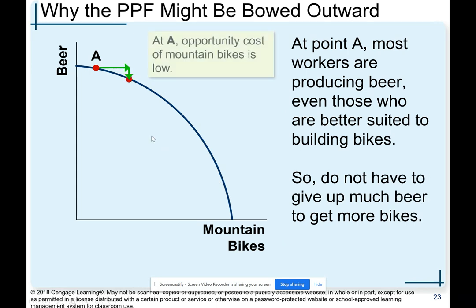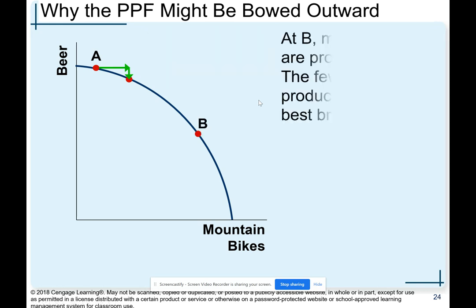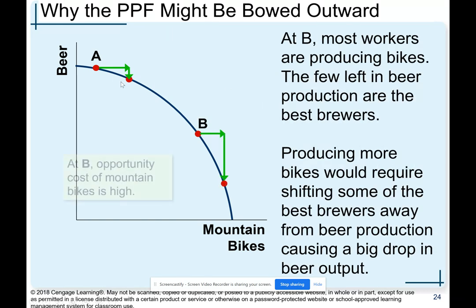So at point A, most workers are producing beer, even those who are better suited to building bikes. So the cost of a mountain bike is less. Okay. But as you shift resources to produce more mountain bikes, at point B, most workers are producing bikes.